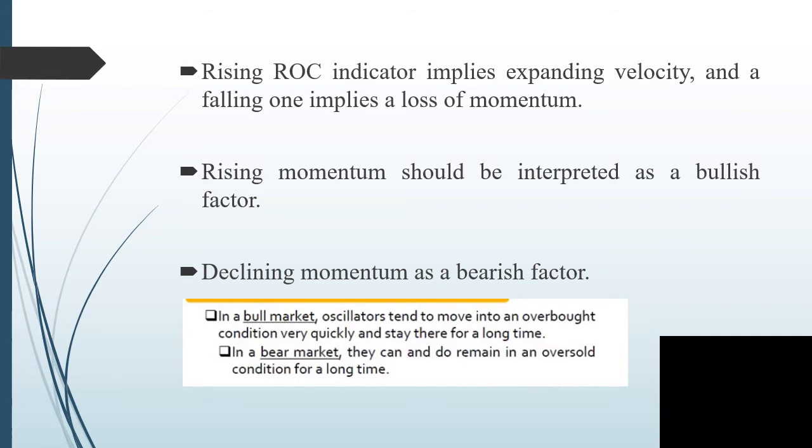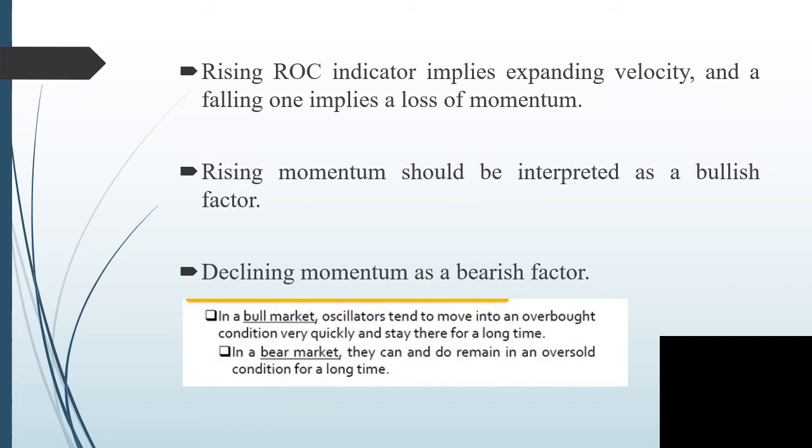Okay, a rising ROC indicator implies expanding velocity and a falling one implies a loss of momentum. So that is the indicator for ROC. Rising momentum should be interpreted as a bullish factor, while declining momentum as a bearish factor.